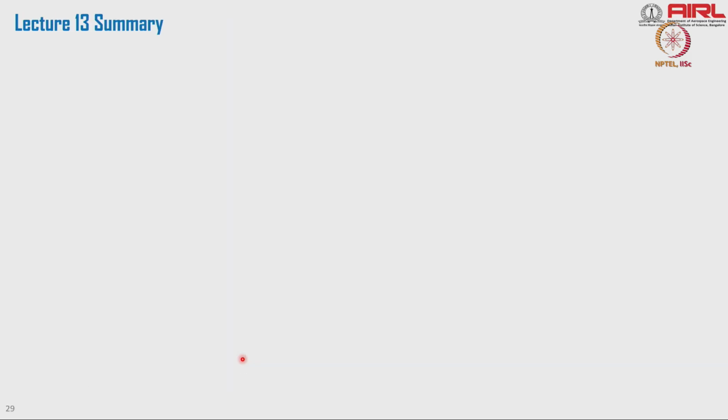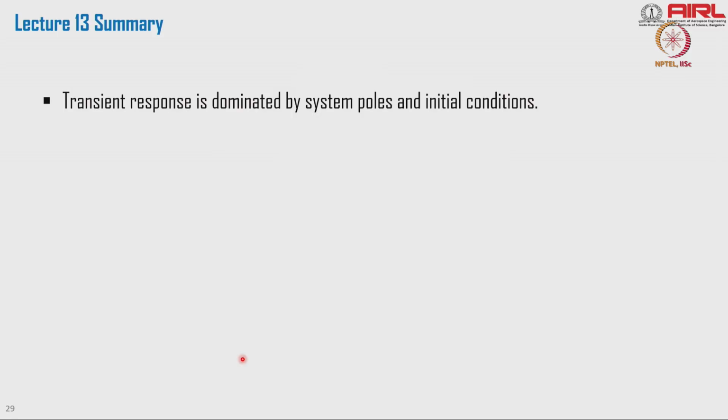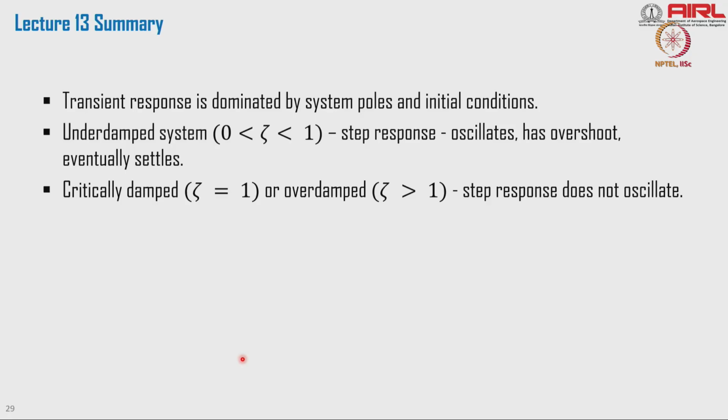Coming to the end of the lecture, we talked about transient response, how it is dominated, how the poles and initial conditions influence it. We discussed the underdamped system where the damping ratio is between 0 and 1, and looked at the step response, the oscillation, how much the overshoot is, and how fast it settles down.